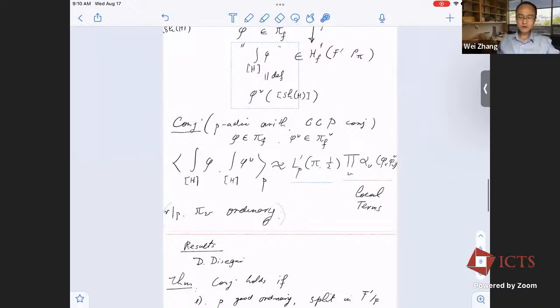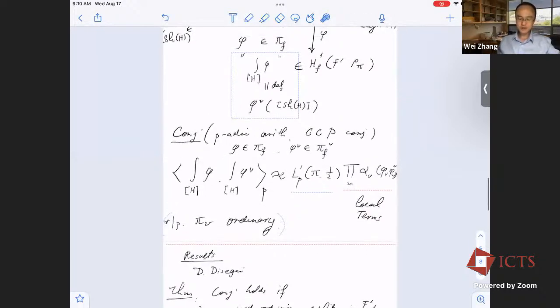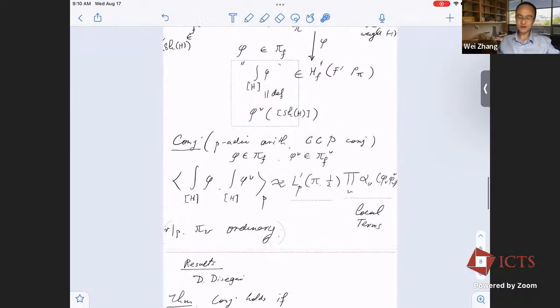Meanwhile, there's also some other work of Besser generalizing the Coleman integral, but that's a different one. So this is the same as the p-adic height for curves defined many years ago.